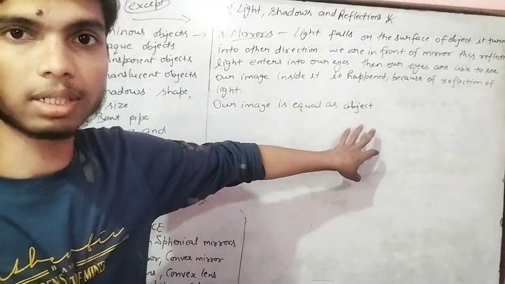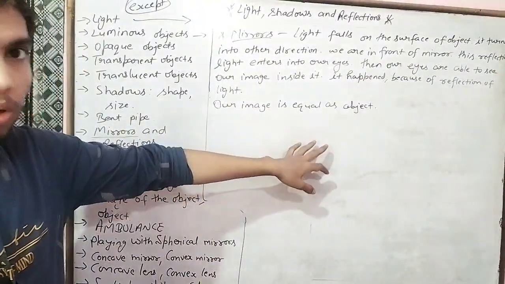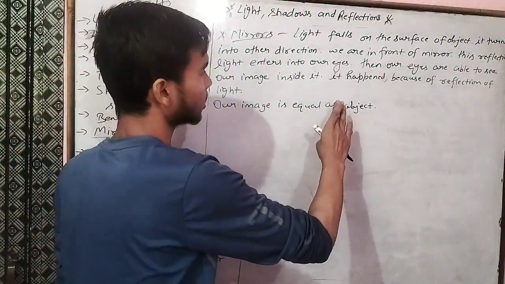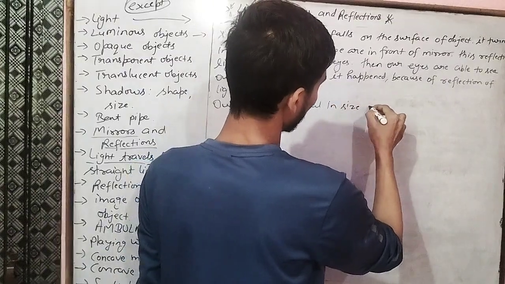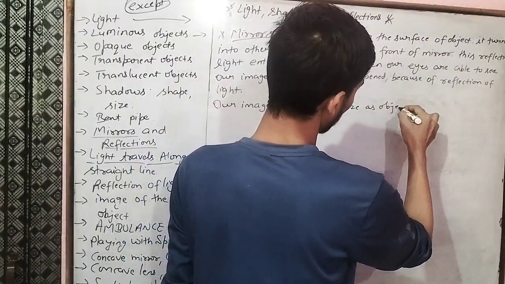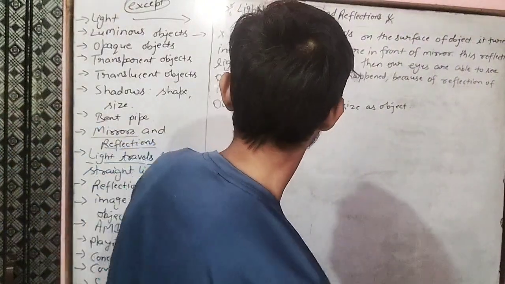Object, we are describing the original object. Our image is equal in size to the object. Clear?